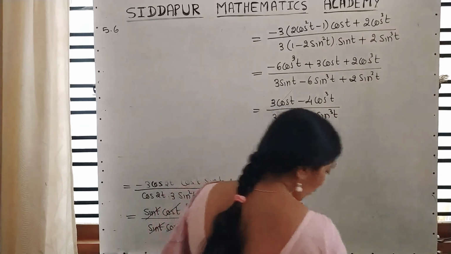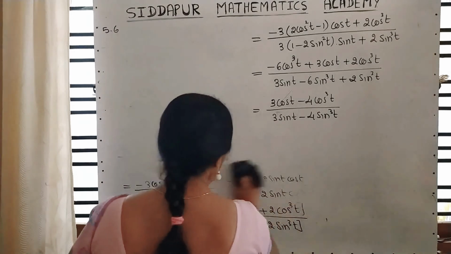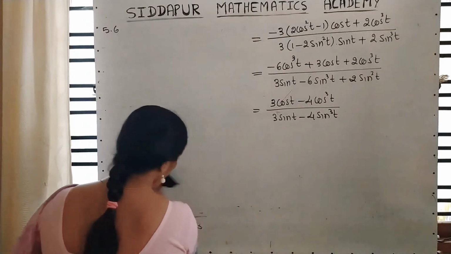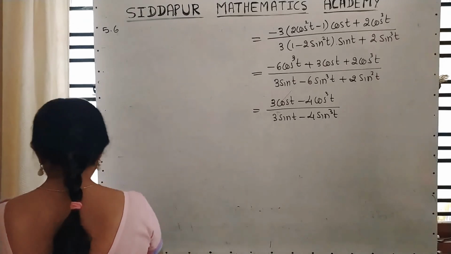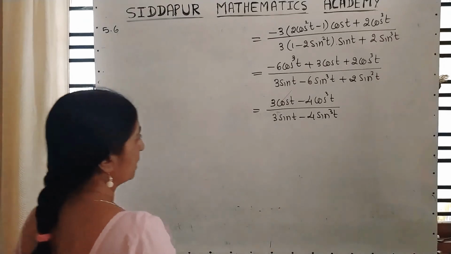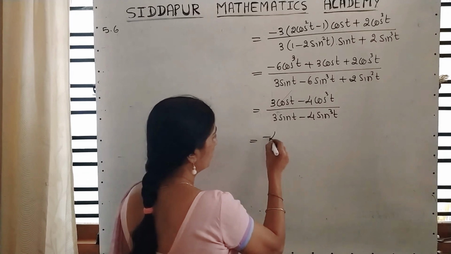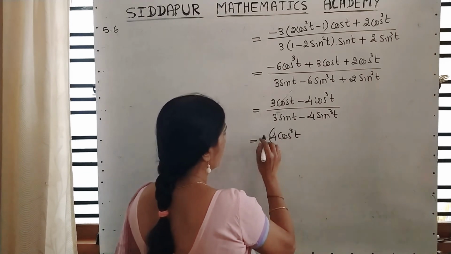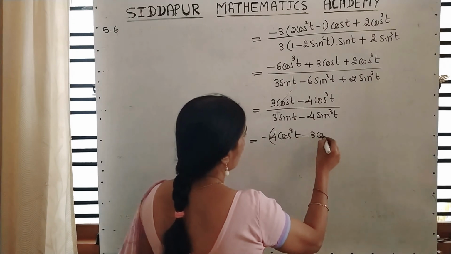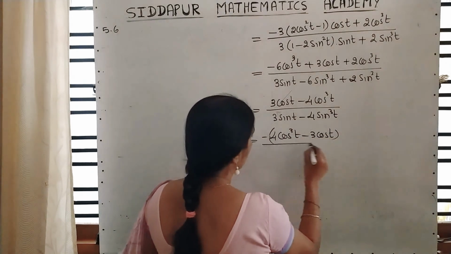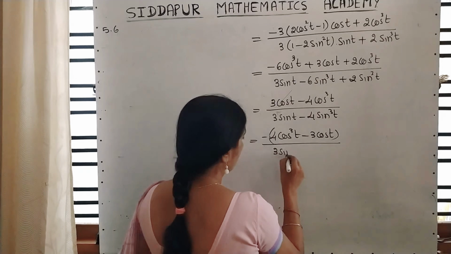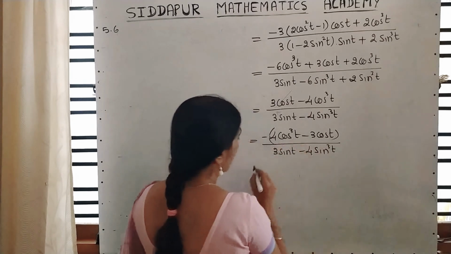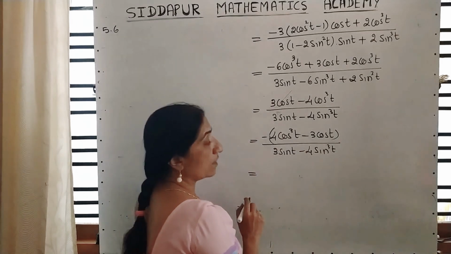See, if you are thorough in the first year formula, you know what should be common. In the numerator I took minus common, because if you take minus common then only it becomes one of the standard formulas. I took minus common: minus, 4 cos cube t minus 3 cos t, divided by 3 sin t minus 4 sin cube t. 4 cos cube t minus 3 cos t is what?